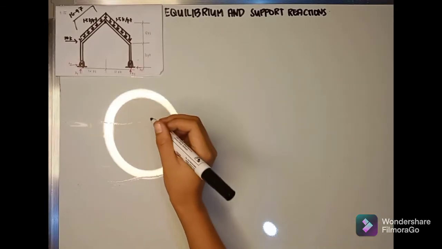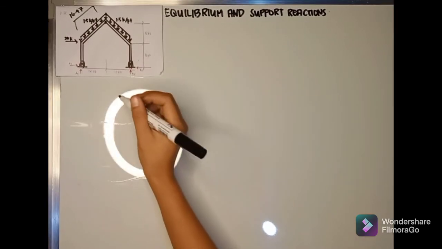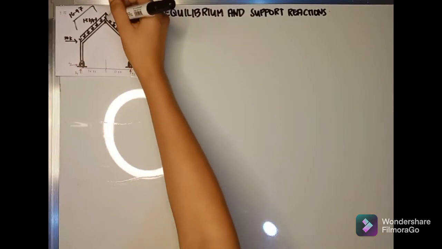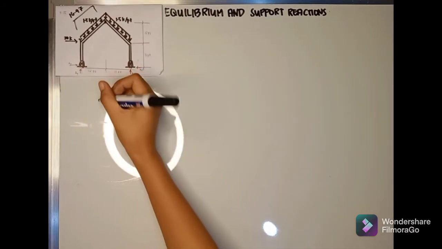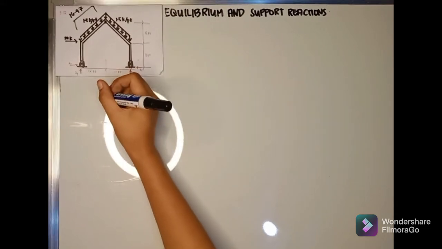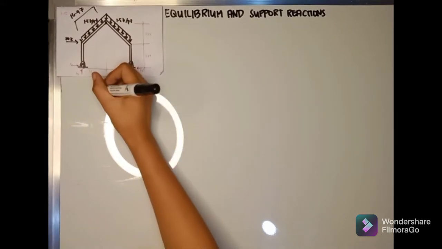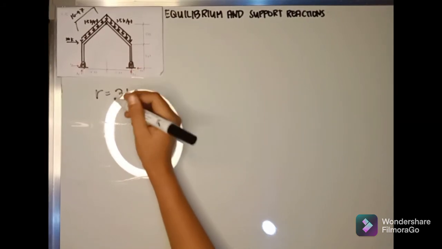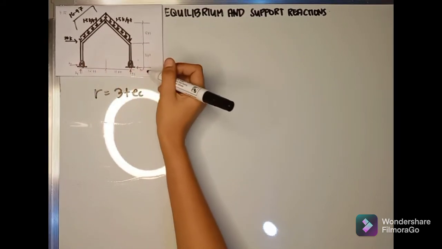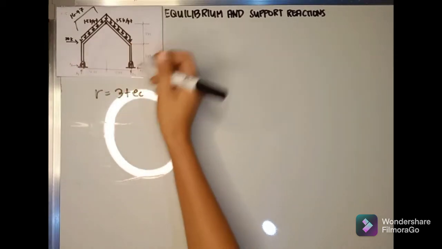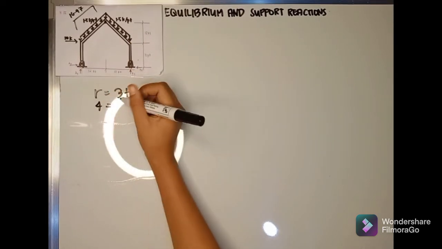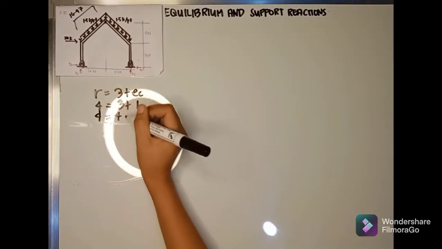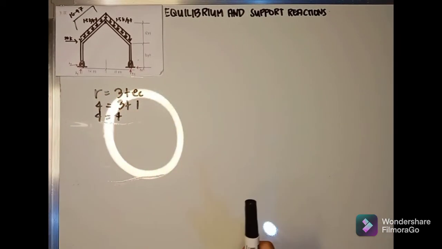Gabled frame supported by hinge on point A and point B with one internal hinge. Let's check first the determinacy of this one. So R is equals to 3 plus EC. External reaction is equals to 4, and 3 plus 1 internal hinge, 4 is equals to 4. Therefore, this is statically determinate.